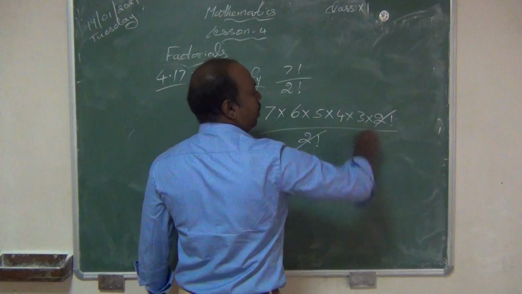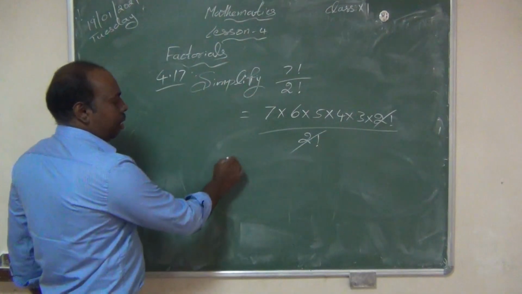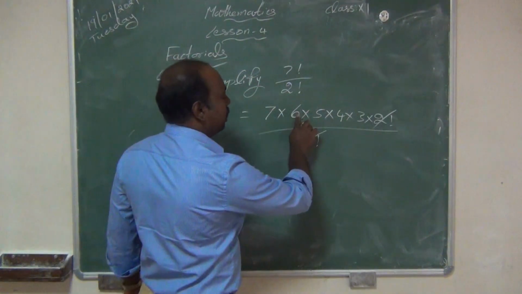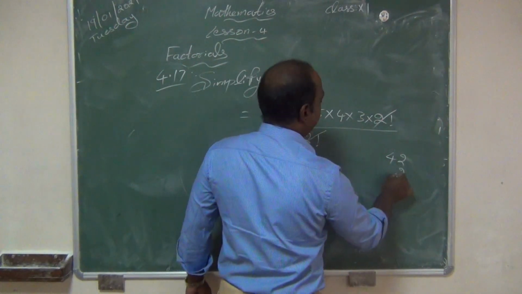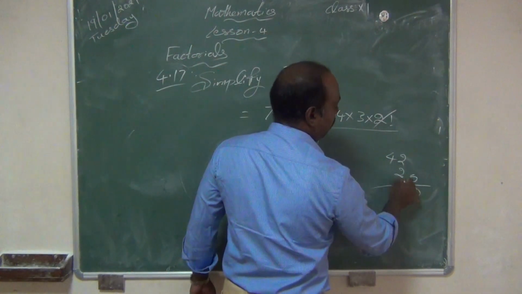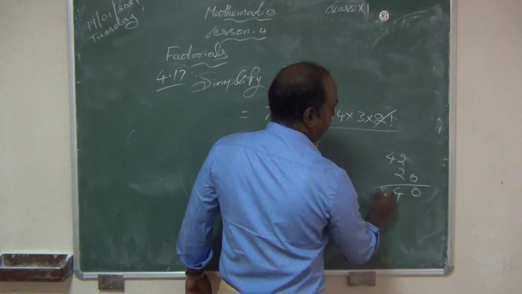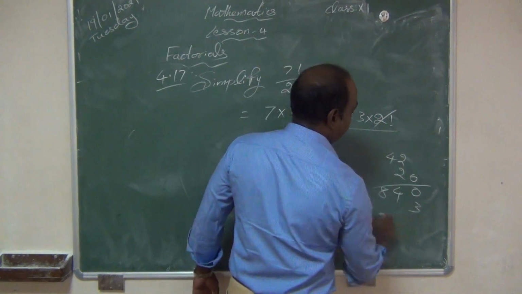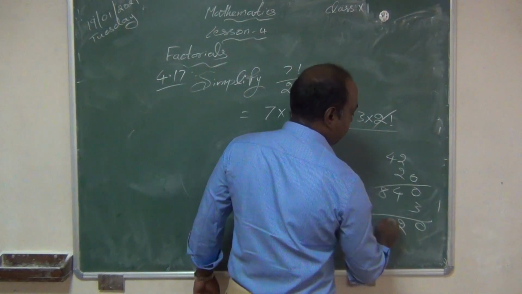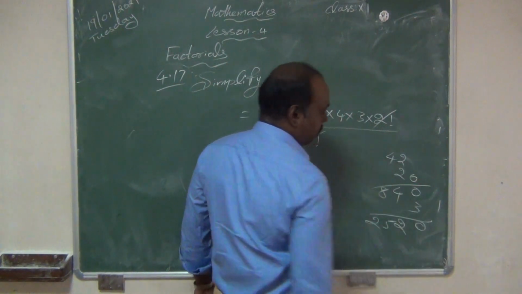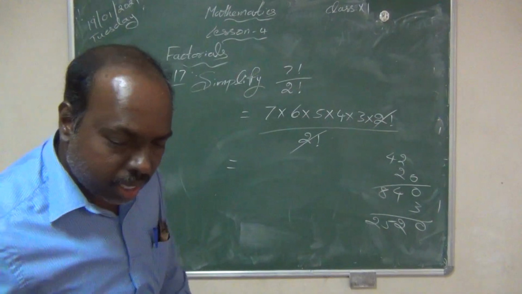So 2 factorial gets cancelled. Now we have to multiply 7 into 6, 42, into 5 fours are 20, 0, 4, 8, 840 into 3, 0, 4 threes are 12, 1, 8 threes are 24, 25, 2520.